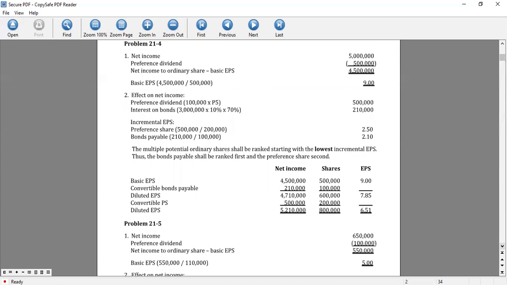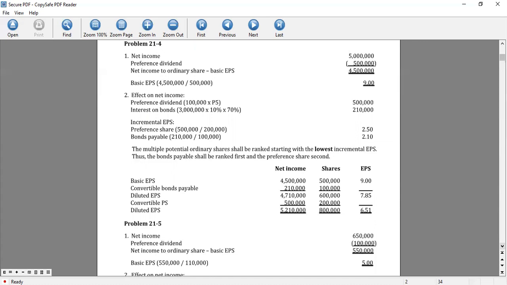Next, we go to 21-4. Again, compute for basic earnings per share and diluted earnings per share. In 21-4, first we are given the outstanding shares. The outstanding shares given is ordinary for both years, and we have the convertible preference.